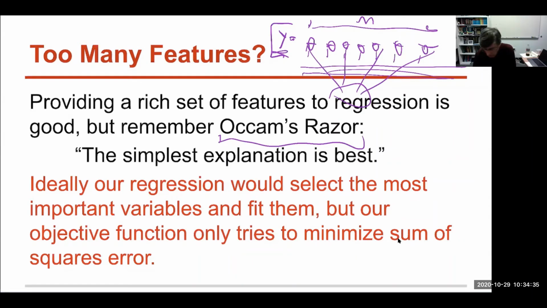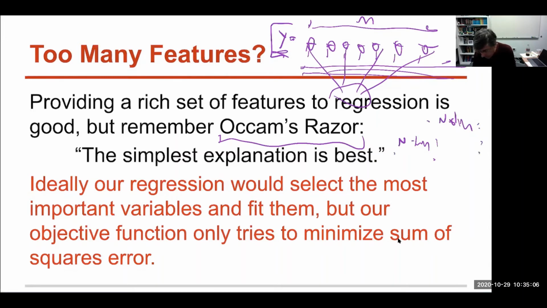The more dimensions you have, the easier it is to fit the data accurately. Okay, suppose you want to build a linear model and you have n training examples, and each one of these has n dimensions, trying to find the parameters that fit all the training examples.